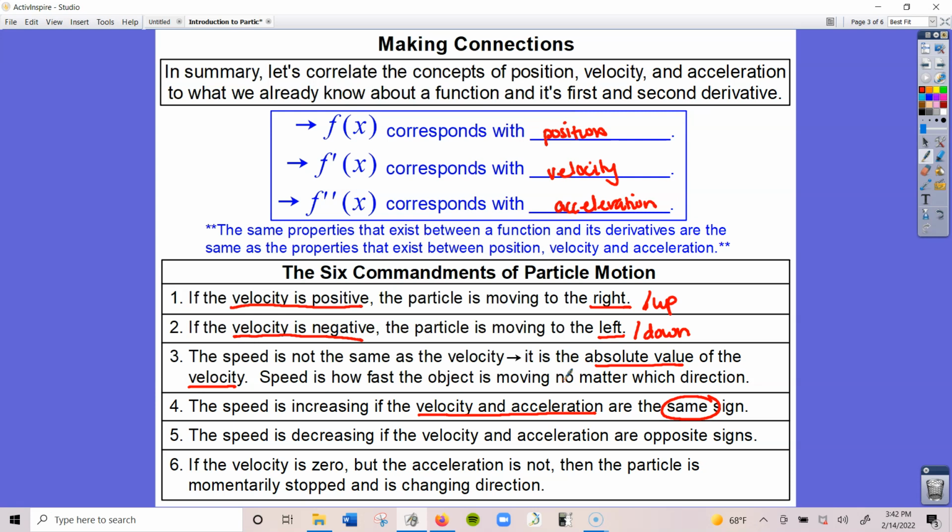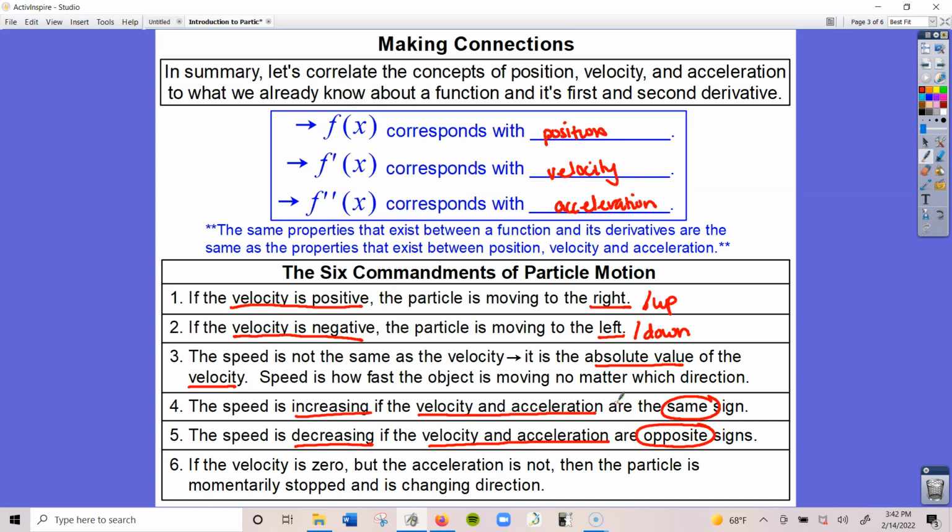So just keep in mind, same signs, whether they're both positive or both negative, means that the speed is increasing. The speed is going to be decreasing if velocity and acceleration are opposite signs.